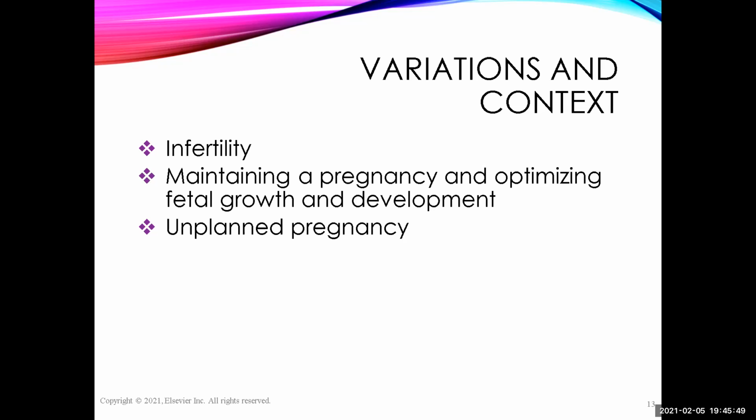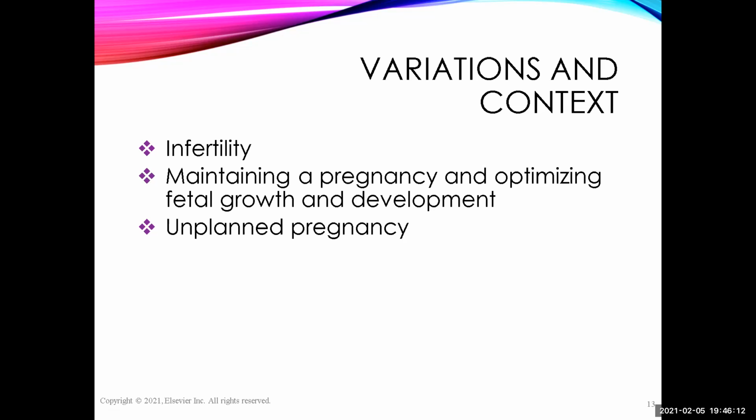Variations, meaning when things go wrong with this, or just different in this concept, are, well, infertility, which is defined as not being able to get pregnant despite having unprotected sex for at least 1 year. So it's difficult to calculate for a number of reasons.